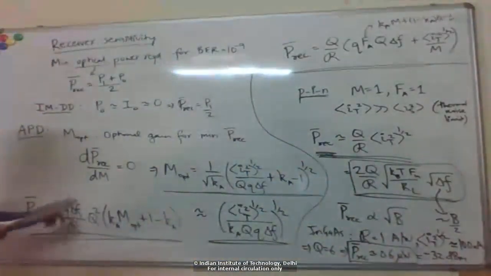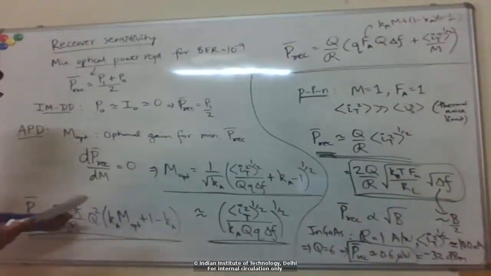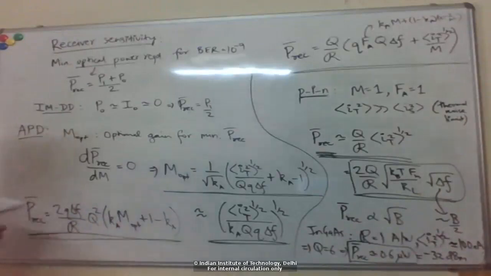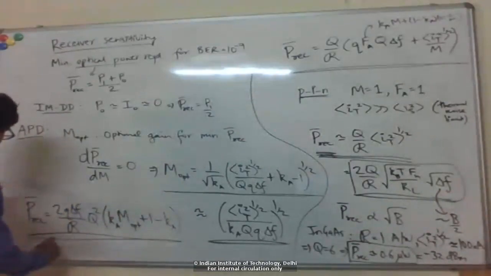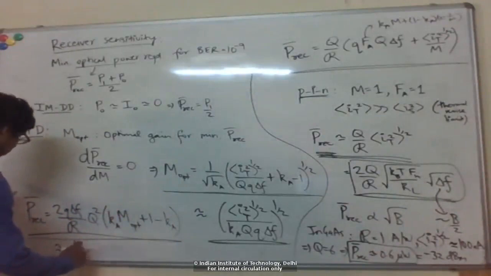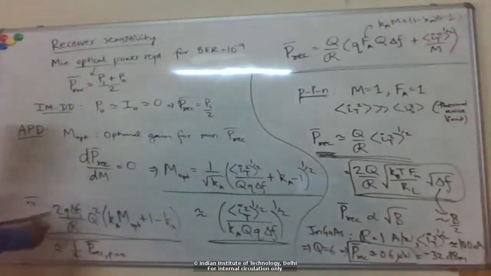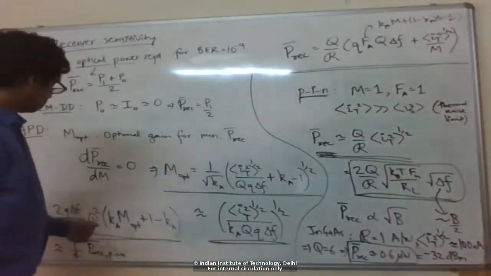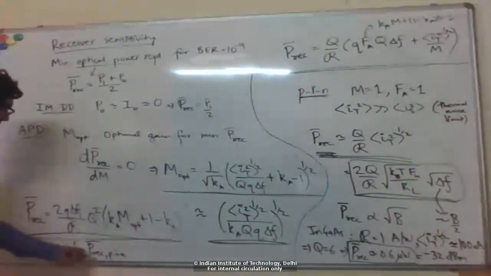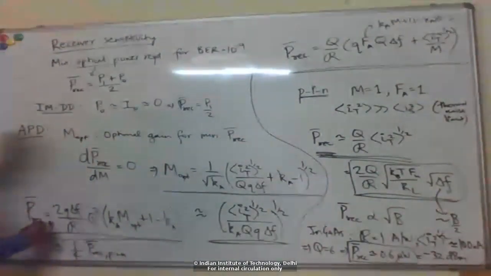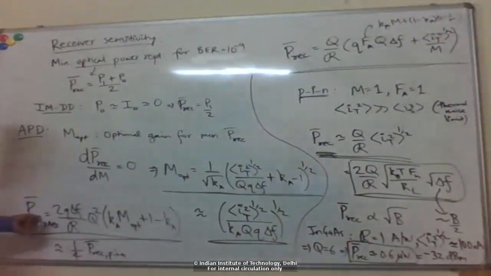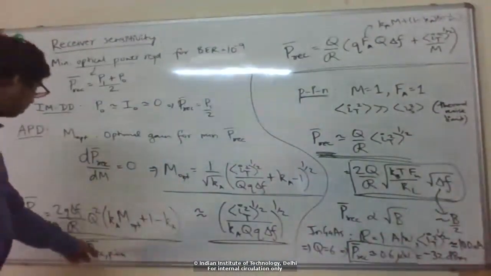You do the same here, for the same bit rate for the APD, and you'll get a value that comes out to about 1/4 that for the PIN photodetector for the same Q. So for the same bit error rate and the same data rate, we need about 1/4 of the power if you use an APD as compared to the PIN.